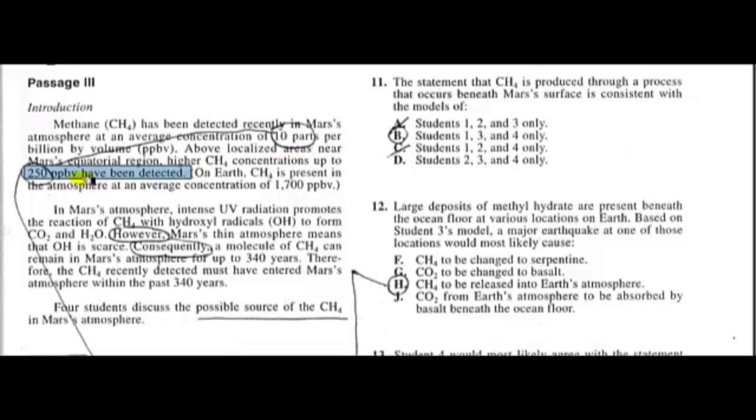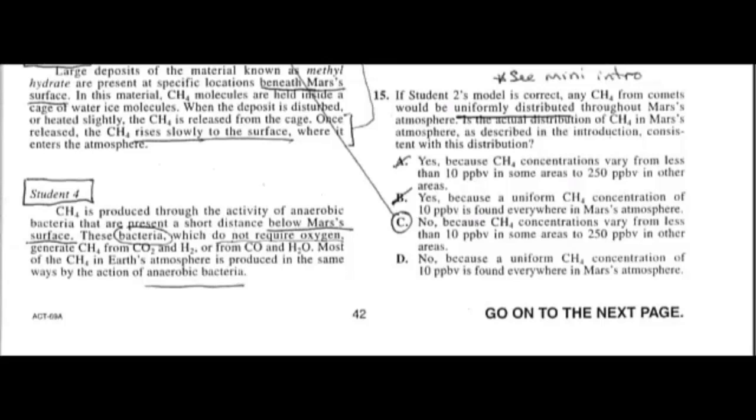So right away you see that 10 to 250, that is a wide range and it's not distributed evenly. It's not uniform. So that means the answer will be no. Right away we can go ahead and cross out answer choice A and B. It is inconsistent with student 2.